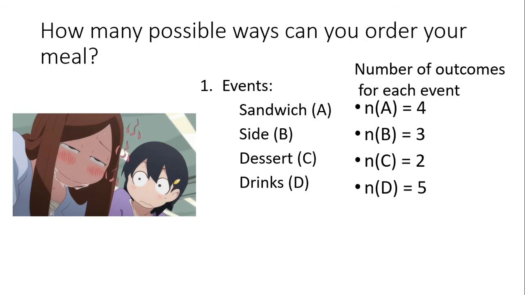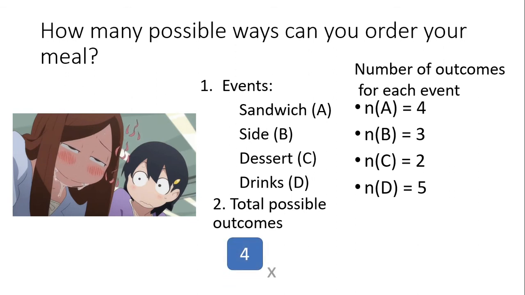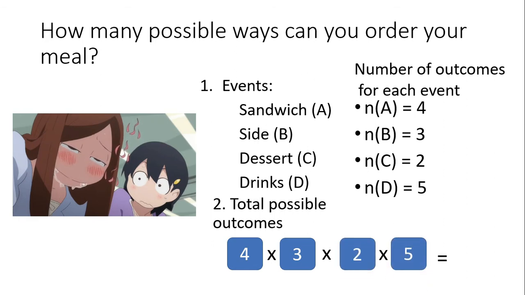While in event D, there are a total of 5 choices for drinks, therefore n of D is equal to 5. Then, multiplying the outcomes of each event, the total possible outcomes is 4 times 3 times 2 times 5, and that is equal to 120. Therefore, there are a total of 120 possible orders you can make.